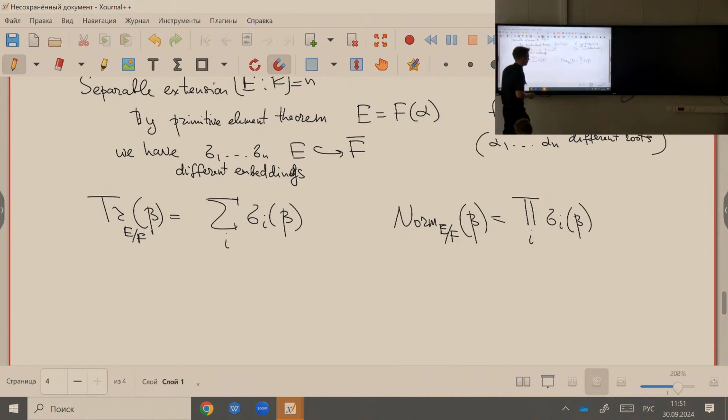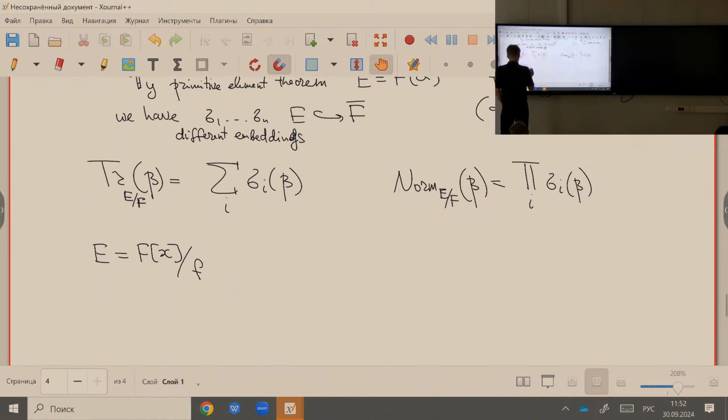You can write E simply as F[x] modulo f(x).